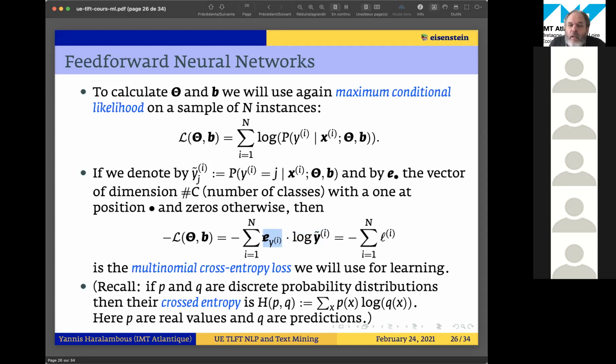These are the real values of the individuals, this vector. We can consider that it's probability 0 for the false values and probability 1 for the real value of the class of a given individual. So it's some kind of probability distribution that gives me the real value with no uncertainty at all.